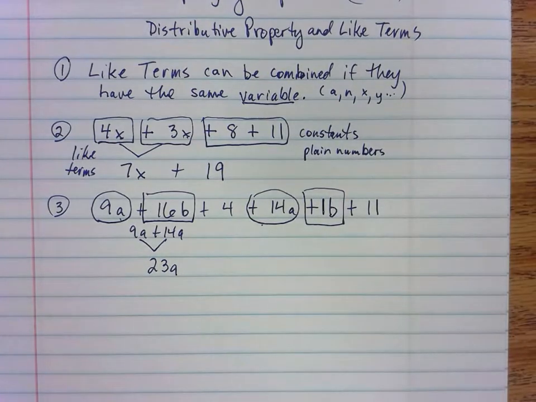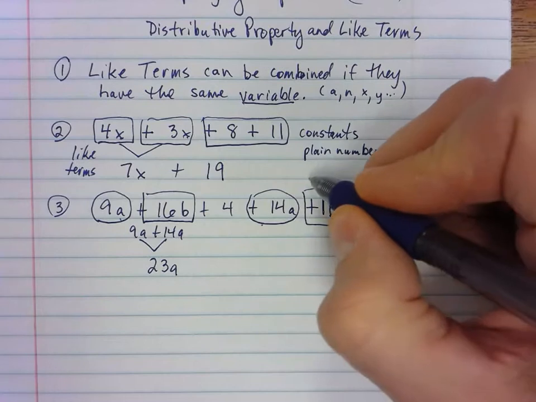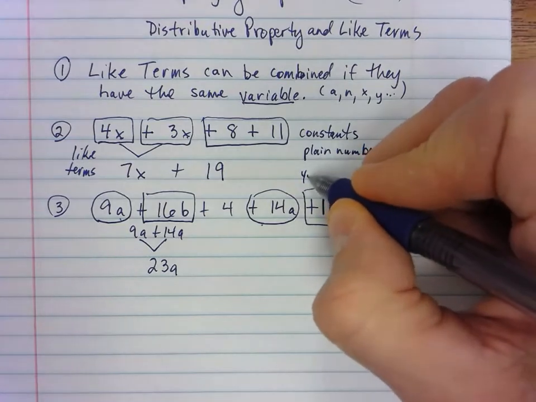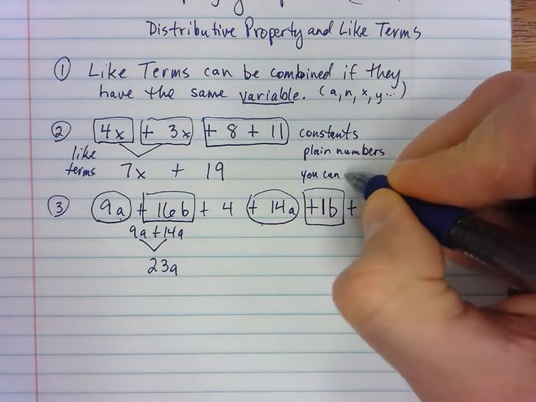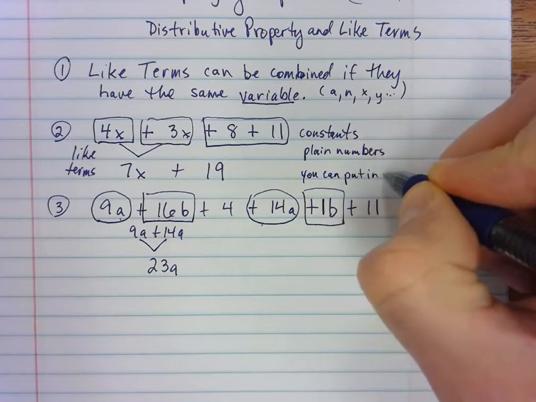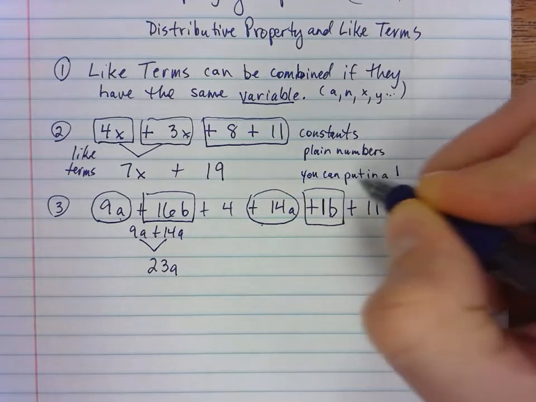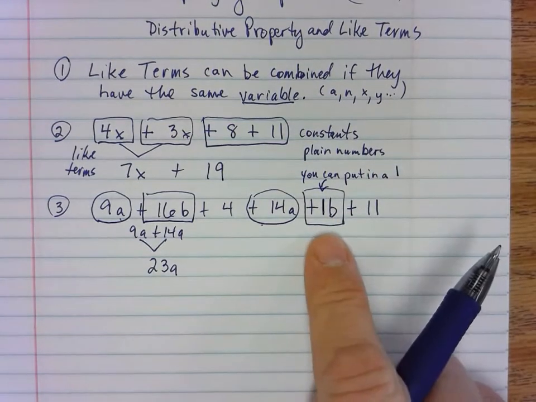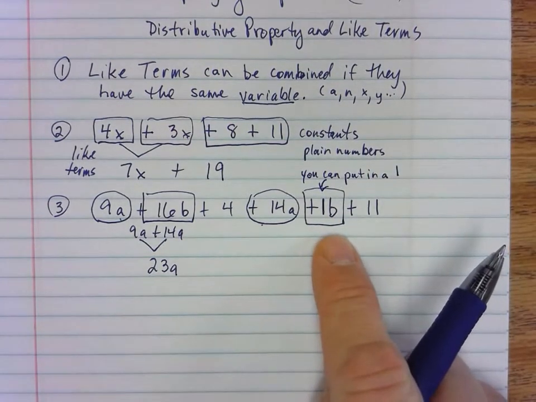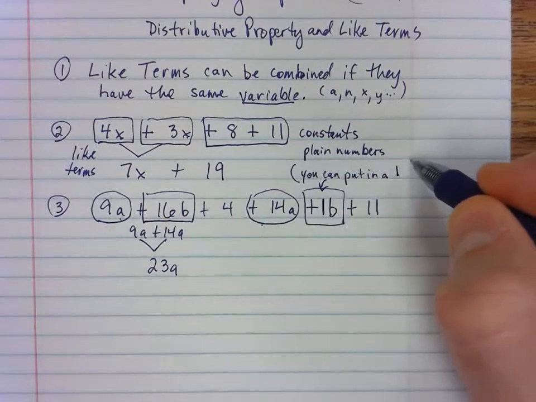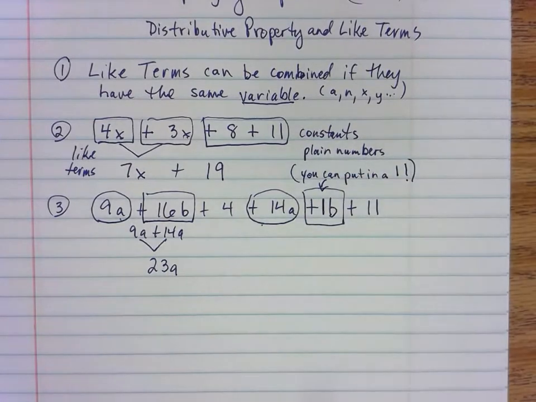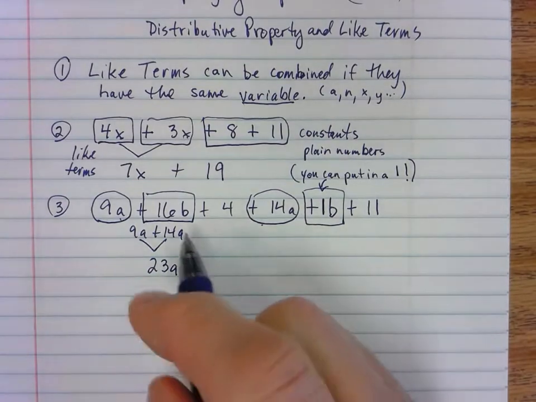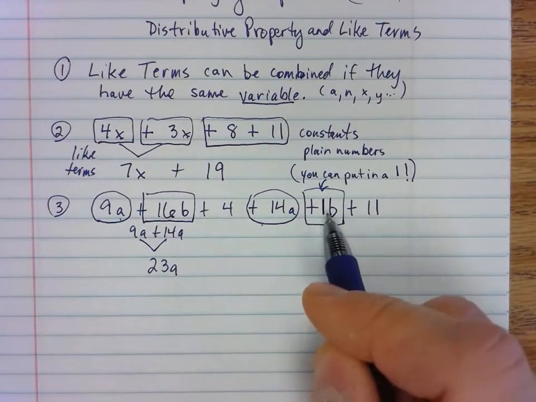Anytime you see just a plain old variable and it doesn't have a number in front of it, you can put in a 1. That's kind of important, so you might want to write that down. Alright, so that means I've got 16b plus 1b.